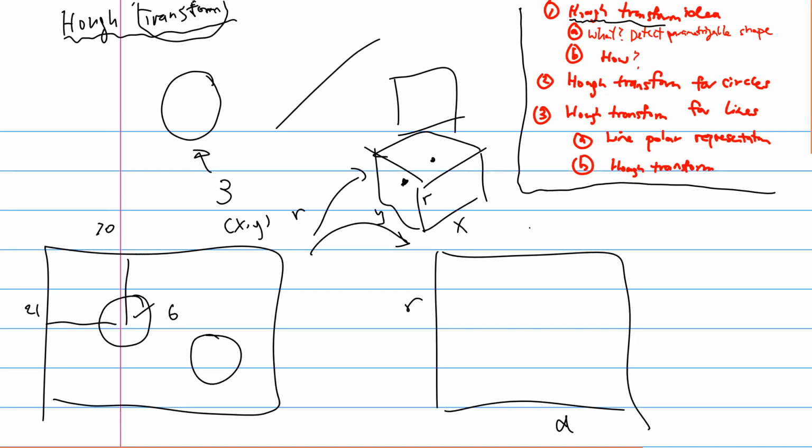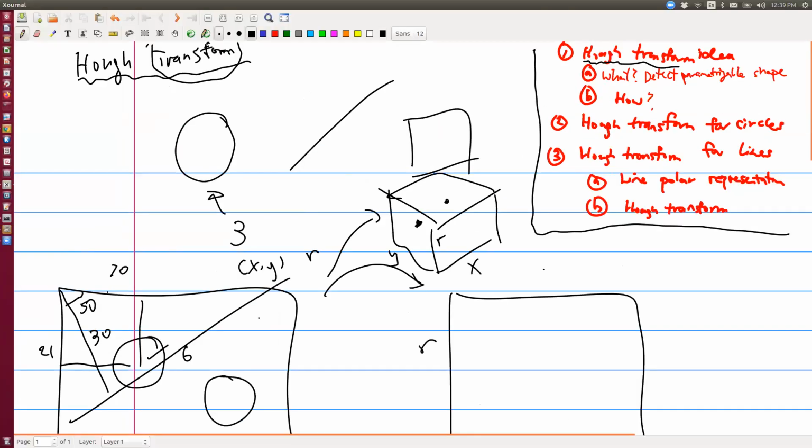Of course, I'm not trying to detect circles now, I'm trying to detect lines. If I do this Hough transform of lines, then I have this d-theta space. Say theta is 50 degrees and d is 30. Actually, theta-d is more common, so let me use theta-d instead.